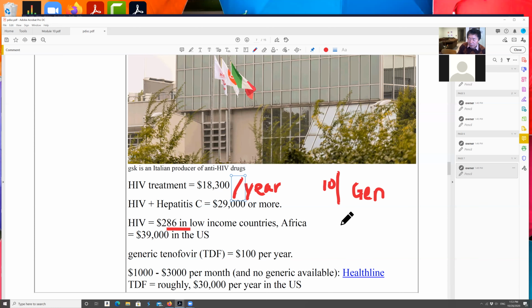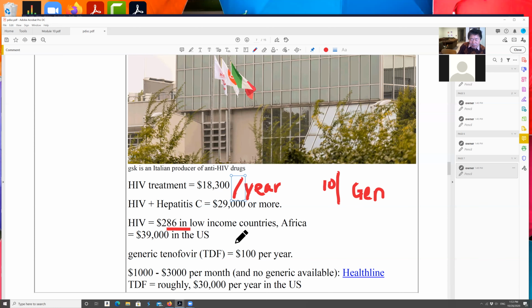Even if there are a couple of countries like South Africa, that's the producer of the diamonds, like De Beers diamonds. So some African countries are rich. So if you were to sell these drugs to African countries or India, do they have money? $39,000?